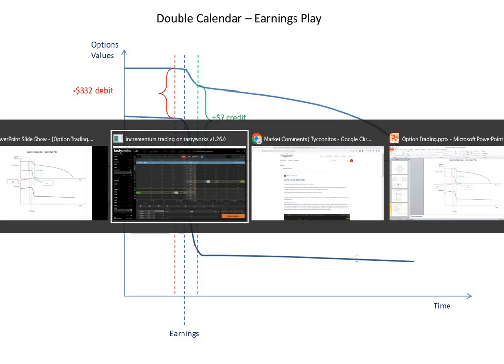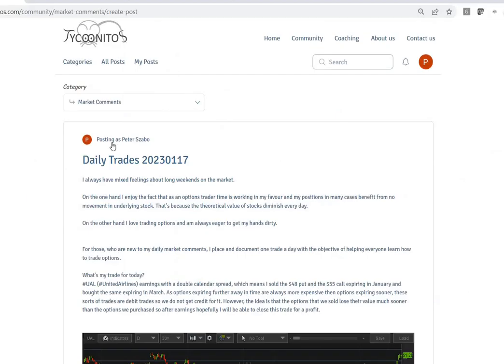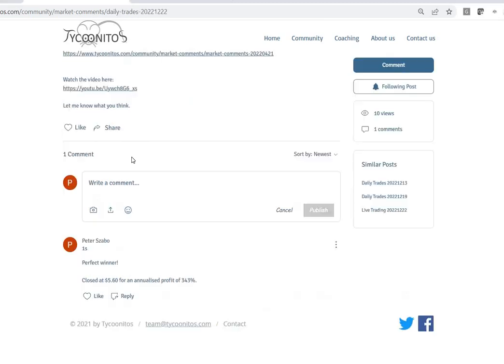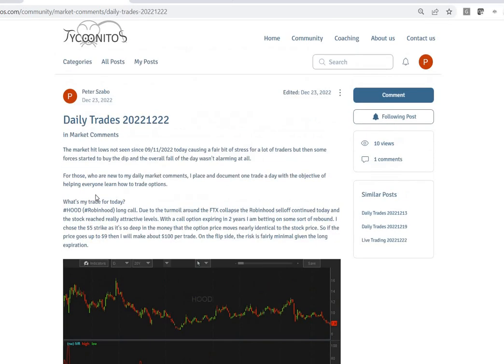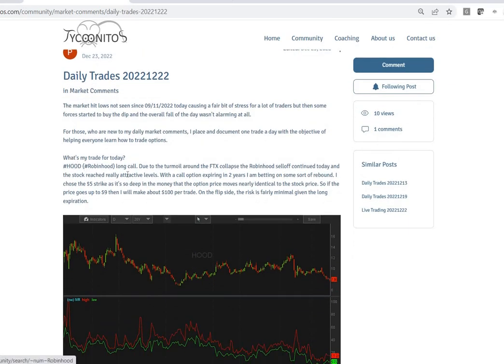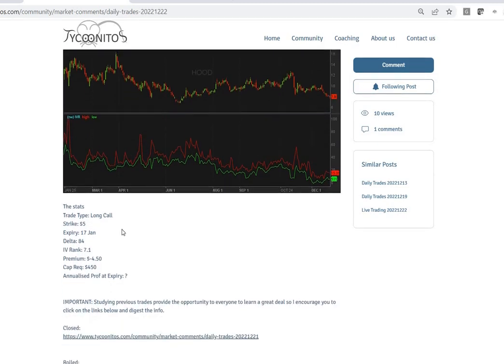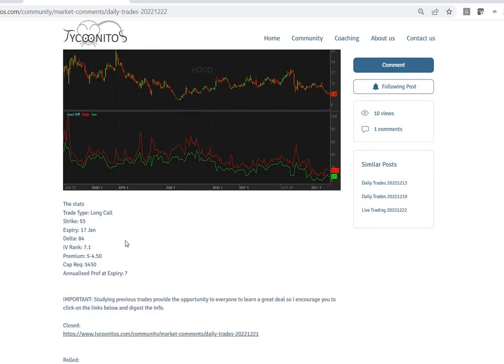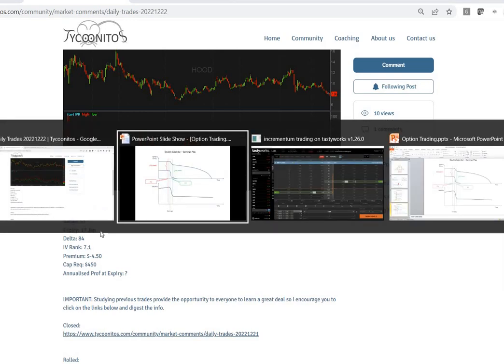And there was one other trade, or two other trades, that I did today. One of them was an interesting one. It was Robinhood, and I had a LEAP call option. LEAP call options expire far in the future. So in this instance, my option expired on the 17th of January, 2025.